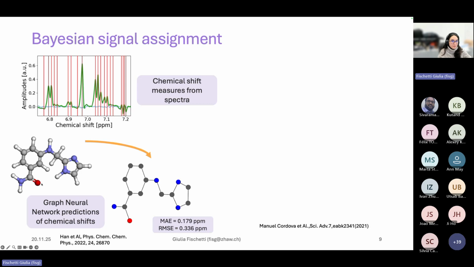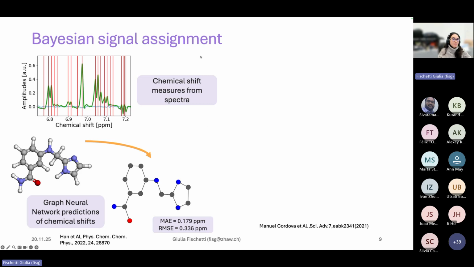This is done by turning the molecular structure into a graph, where we are considering the hydrogens implicitly, and we have an RMSE of 0.3 ppm on the data set that we considered.